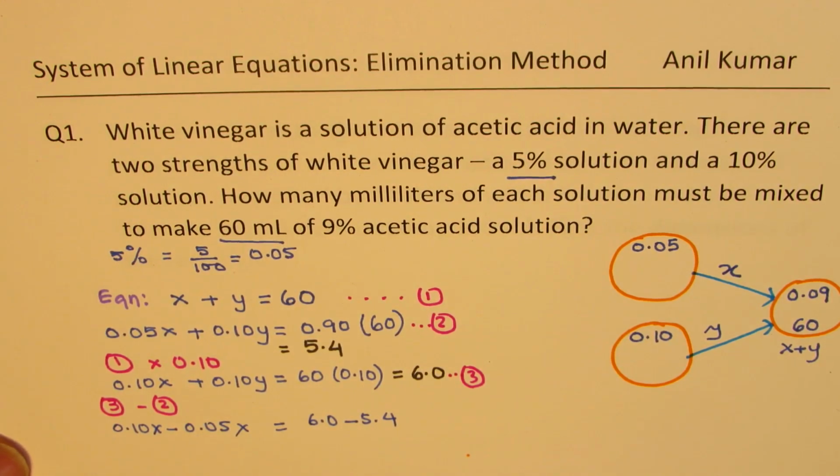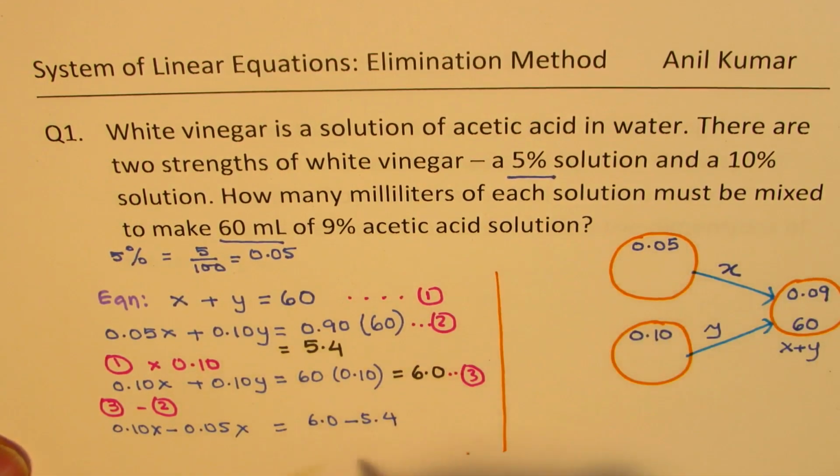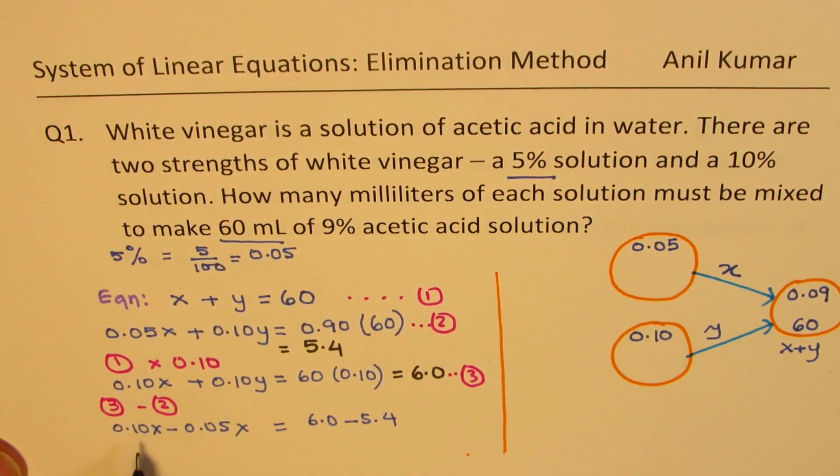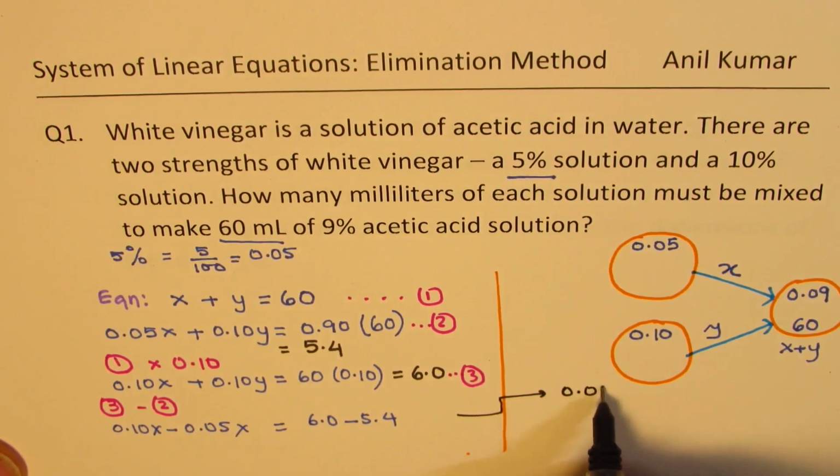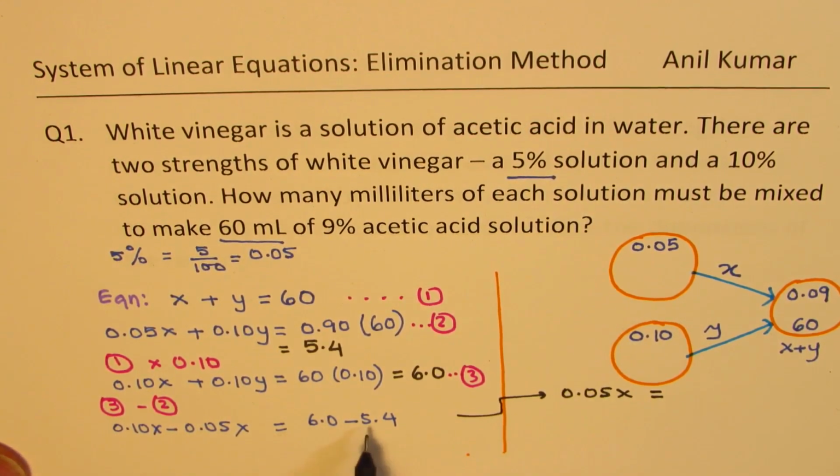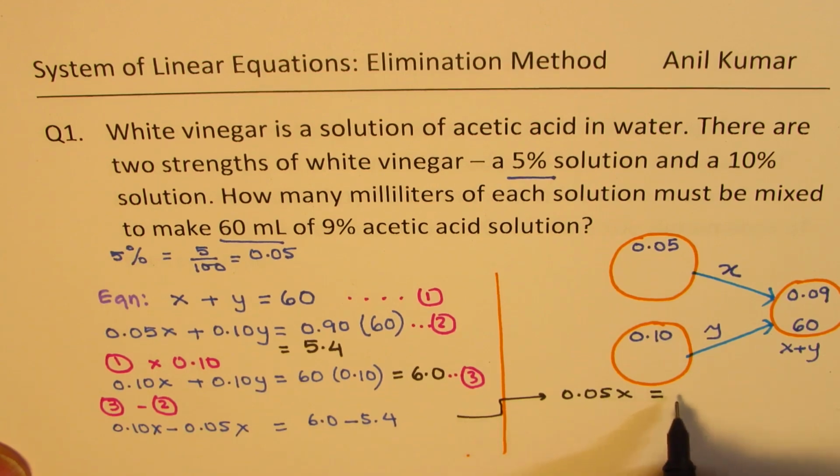Now we can always solve this equation and find our answer, right? So what we get here is 0.10 minus 0.05, which gives us 0.05x is equal to 6.0 minus 5.4, which is 0.6.